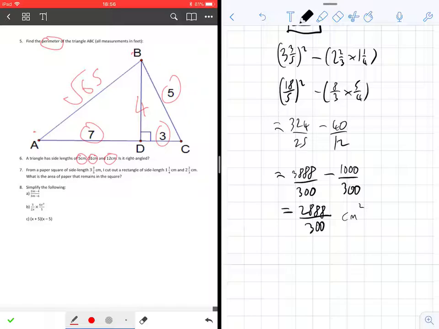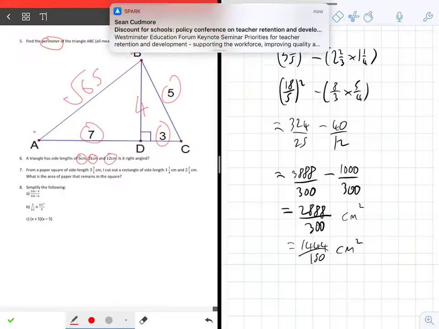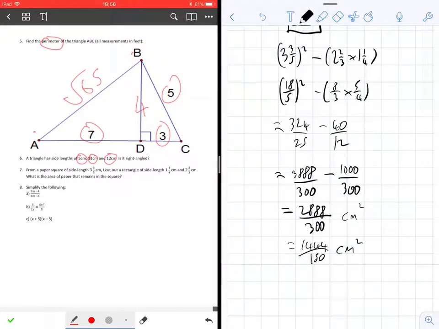It does cancel down a little bit. I can see there's a factor of 2 there. There's no requirement in the question to change it to a mixed number, so I think I'm just going to leave it like that.